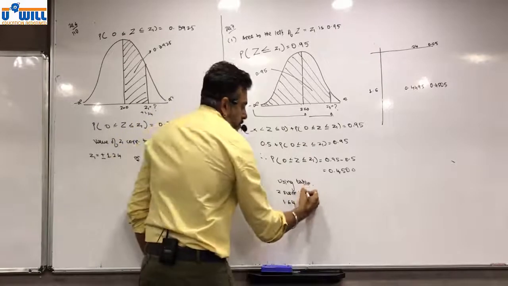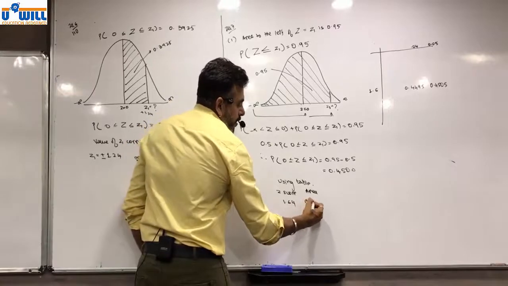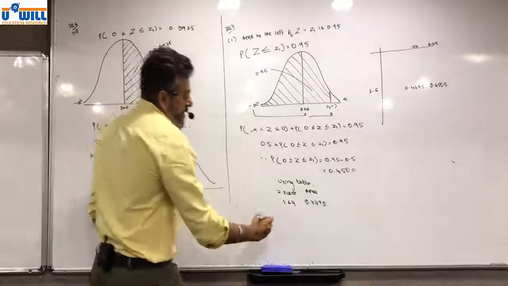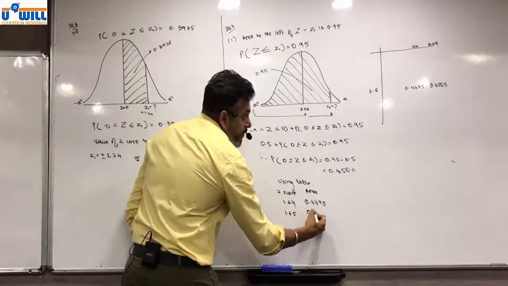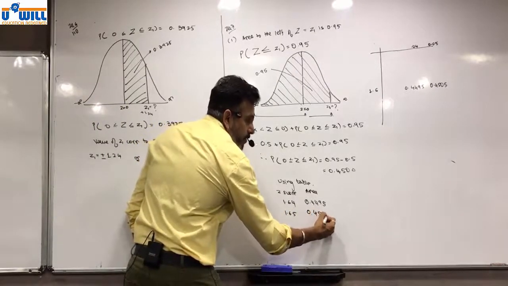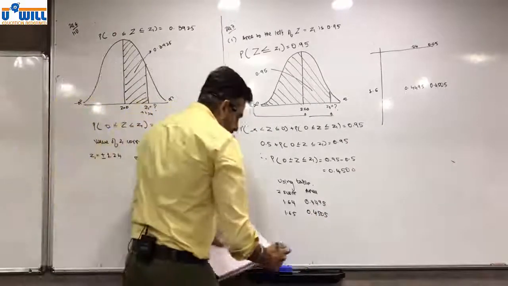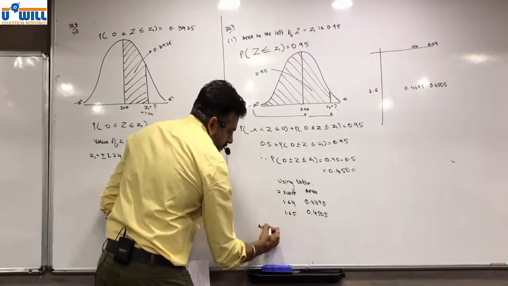What is the area? 1.64 is 0.4495. Next, we will take 1.65. What is the area? 0.4505.